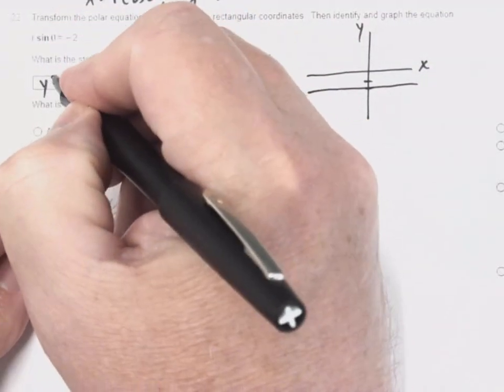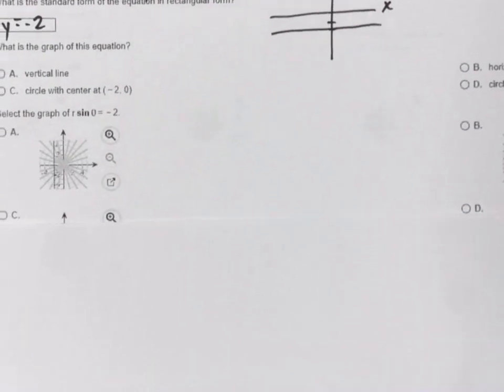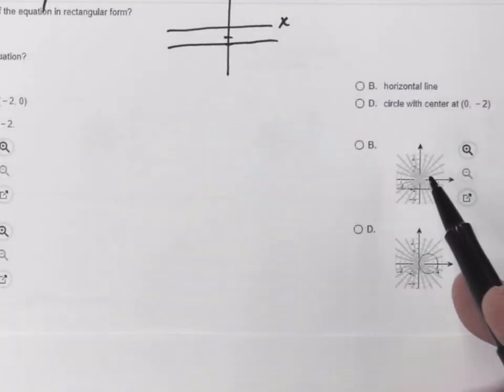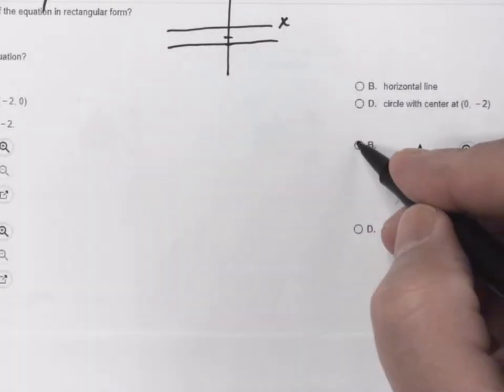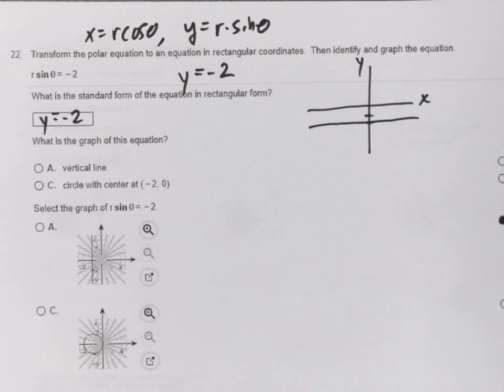So that one was, I think, about as easy as you can get. So if I look at the graphs, looks like this one down here is the correct one. Wow, not difficult at all.